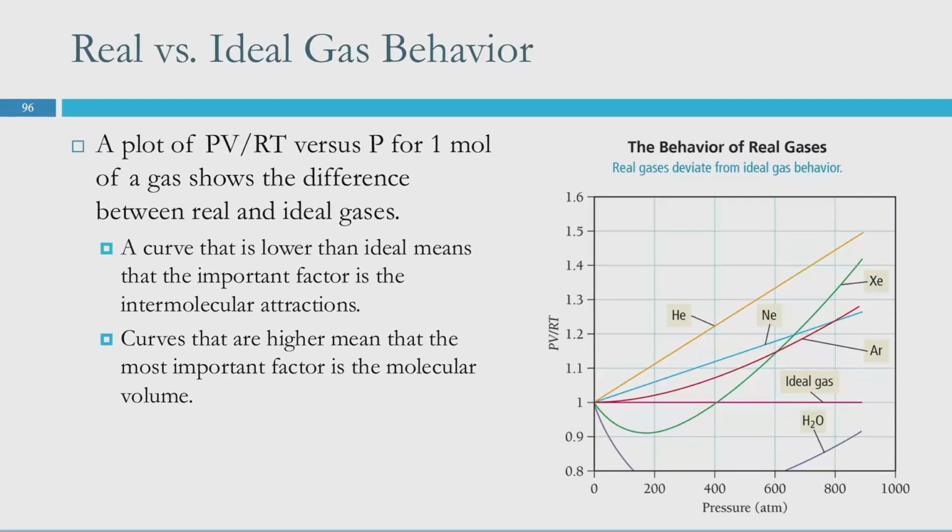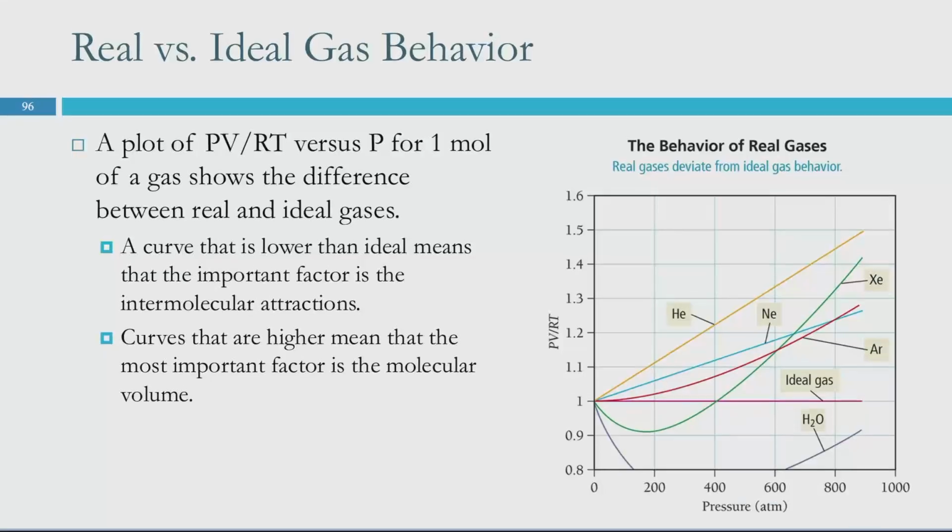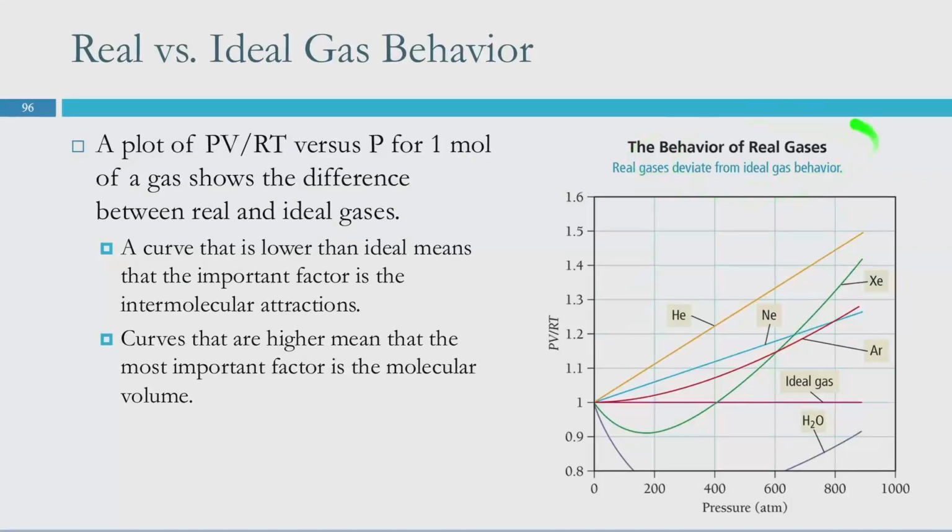We can also plot van der Waals real gas behavior versus ideal gas behavior. So for our behavior of real gases, we've got pressure here on the x-axis in atmospheres. So we're going from low pressure to high pressure. And then we've got our PV over RT over here on the left. For an ideal gas, it's the same behavior across all pressure values. And then we've got some weird shapes for some of our other graphs.